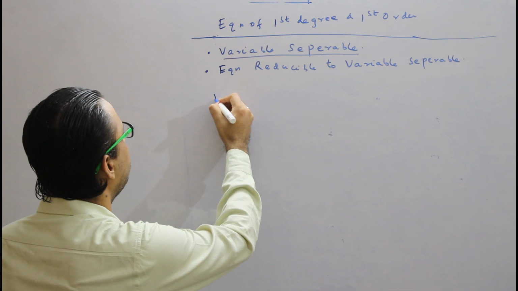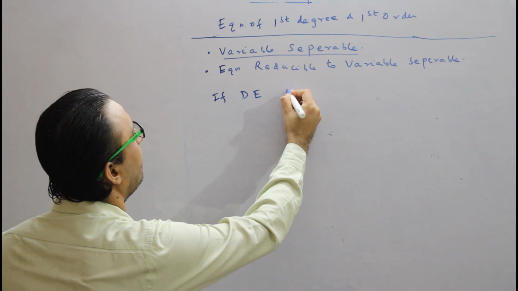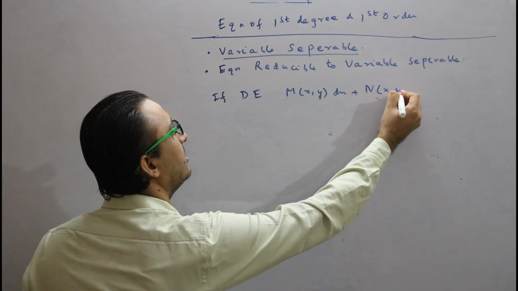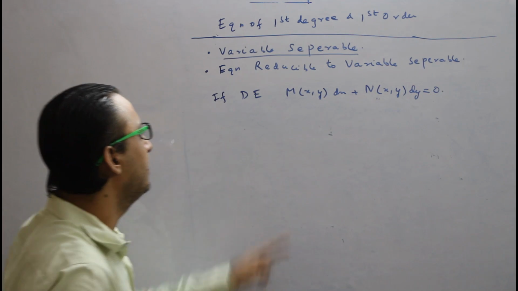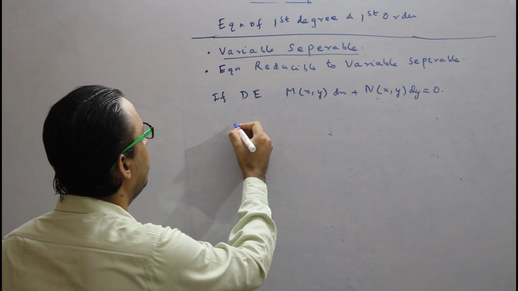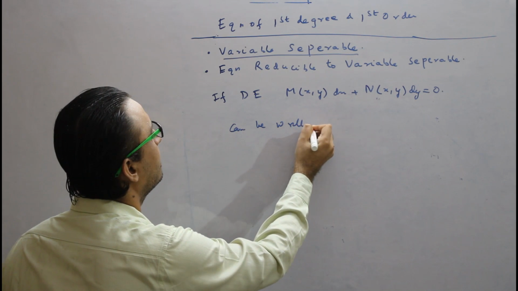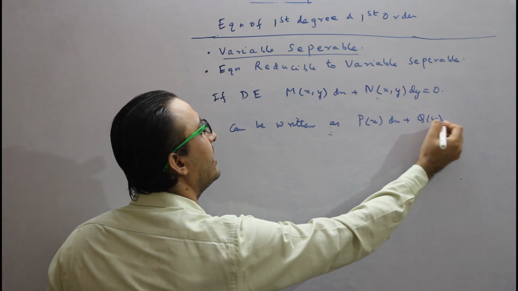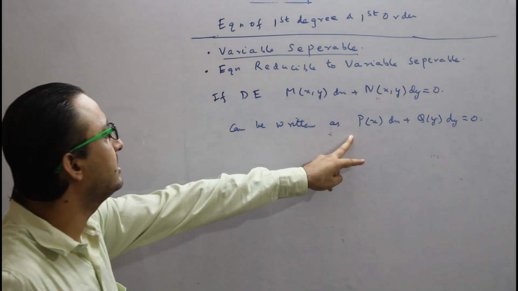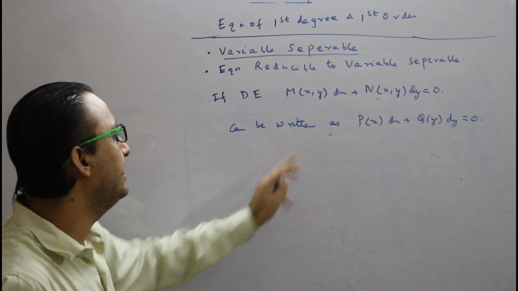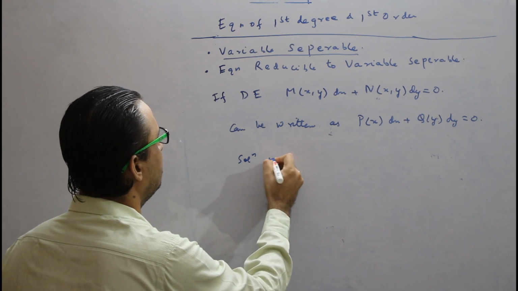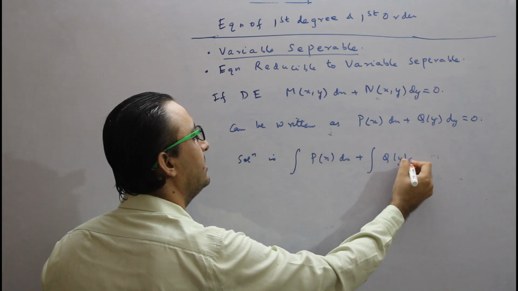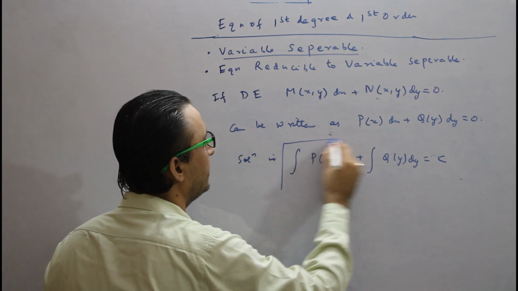So I will write: if any differential equation of the form M(x,y) dx plus N(x,y) dy is equal to 0 can be written as p of x dx plus q of y dy is equal to 0, then this is said to be variable separable, and its solution is integral of p of x dx plus integral of q of y dy is equal to one arbitrary constant.